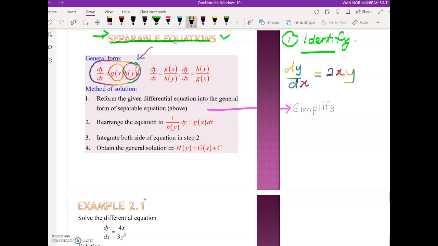Or if you have dy/dx equals g(x) over h(y), for example, dy/dx equals 2x over y.